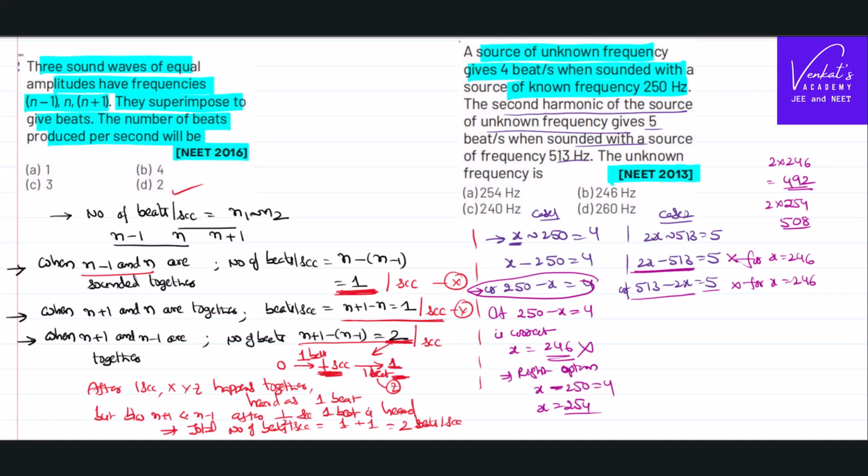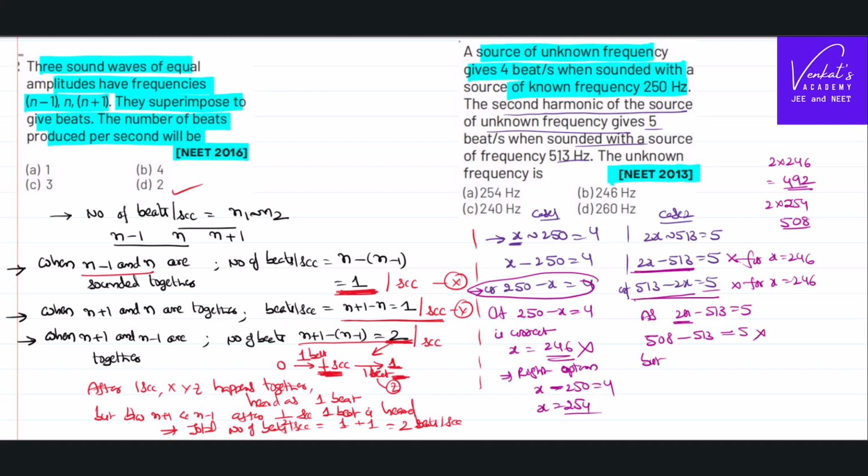So if you keep that in place of 2x in 2x minus 513 equal to 5, 508 minus 513 is minus 5, so this is wrong.